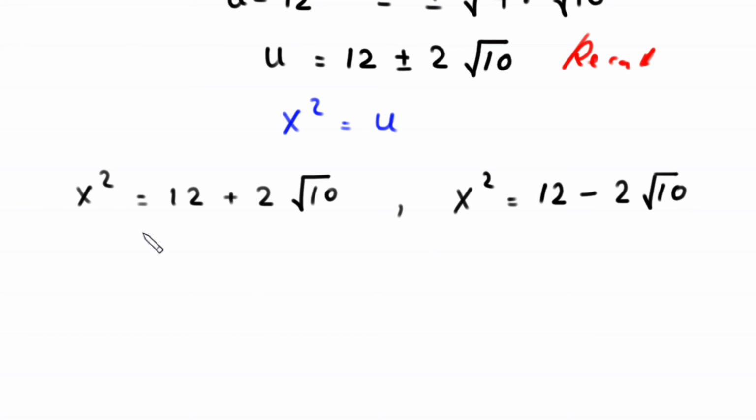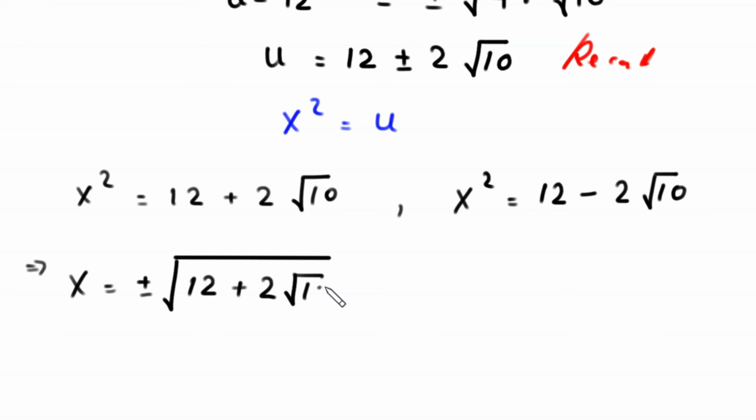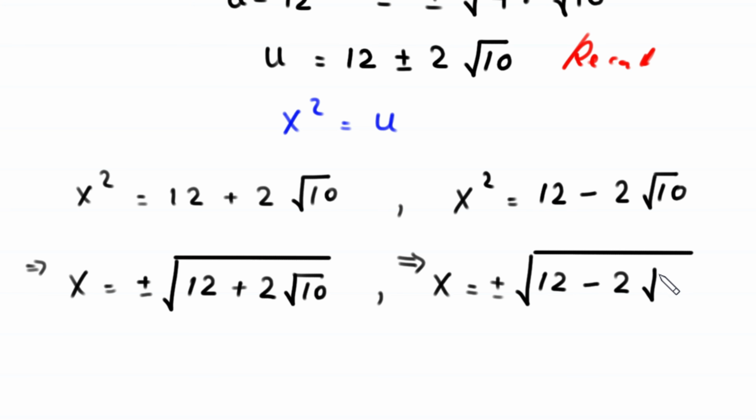If we take the square root of both sides, this implies that x is equal to plus or minus the square root of 12 plus 2 times root 10. And if we take the square root of both sides of this equation, this implies that x equals plus or minus the square root of 12 minus 2 times root 10.